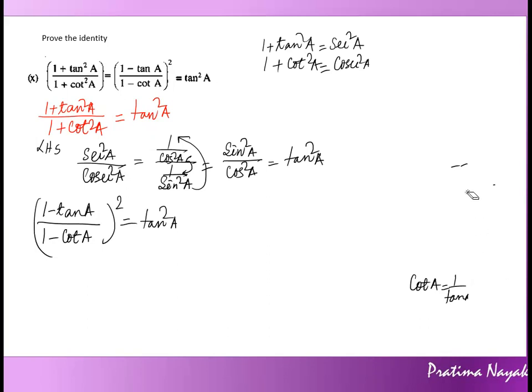Please note down the thing, so that when you write again and again, you can recall many things. So now cot A is equal to 1 by tan A, I'll apply.